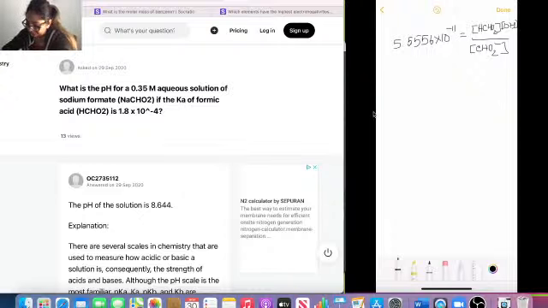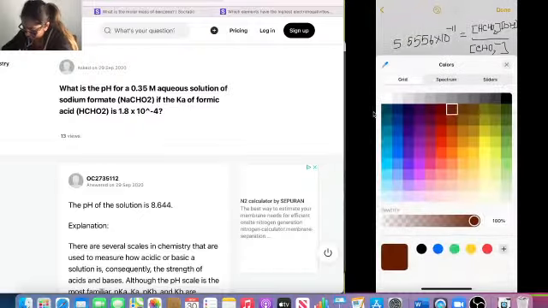So I'll rewrite the equation here again: NaCHO2 plus water, and you have plus NaOH. And I'll construct a table here.